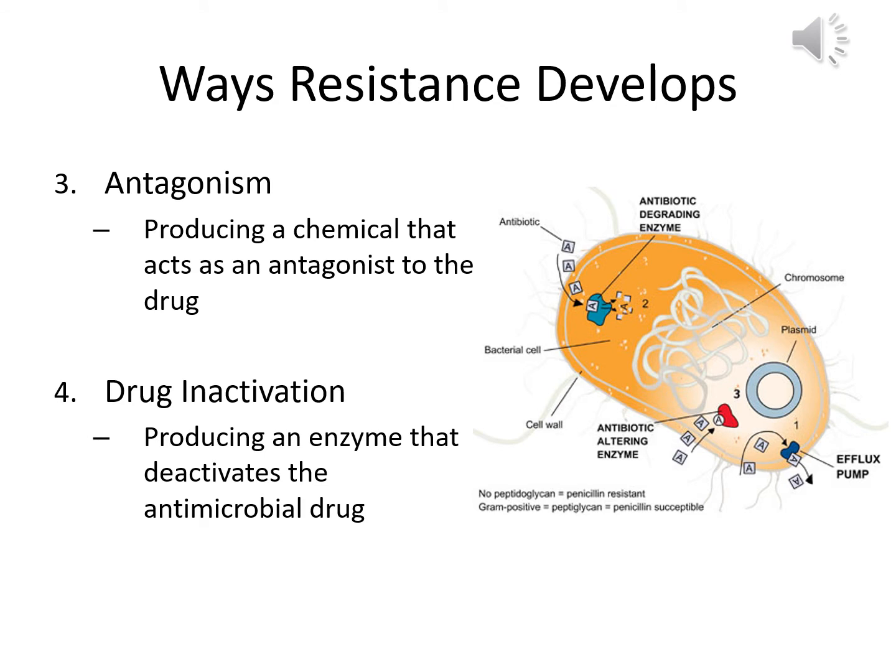Another way that bacteria develop resistance is to antagonize the antibiotic that is being used. And so basically they're taking advantage of the principles that we learned about with competitive antagonism. And so they're going to, again, produce a chemical that neutralizes or antagonizes, I should say, the antibiotic.